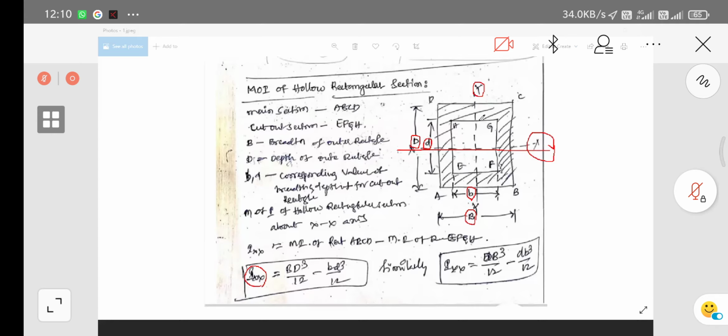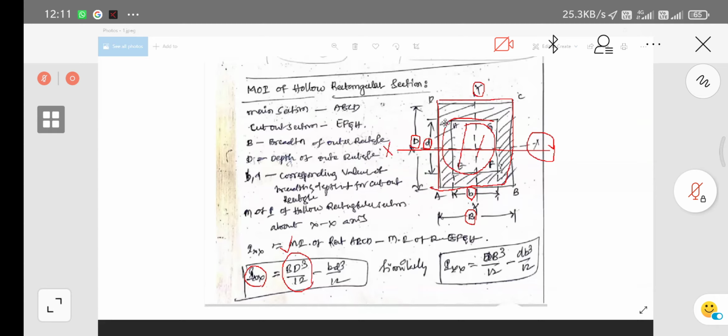First of all, I will consider that there is no hollow portion here, so just a total rectangular section with no portion removed and all the material inside. So I will apply capital B capital D cubed divided by 12. This is the central moment of inertia about the central axis xx.